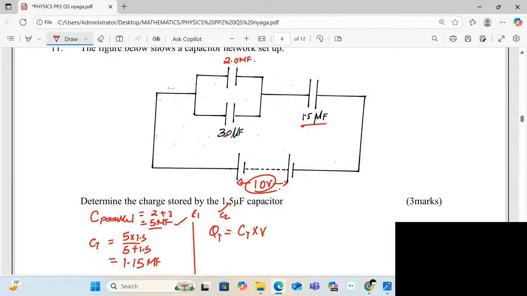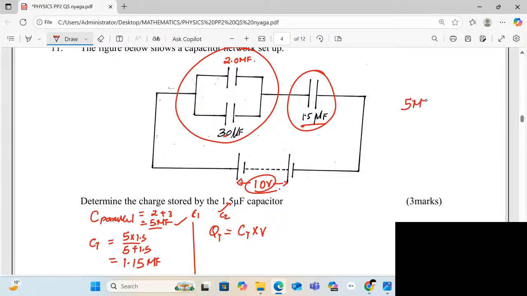In this case, from the way the arrangement is, since charge is the one that is responsible for current, this will be the arrangement: this and this will be 5 microfarads versus 1.5 microfarads, like this.